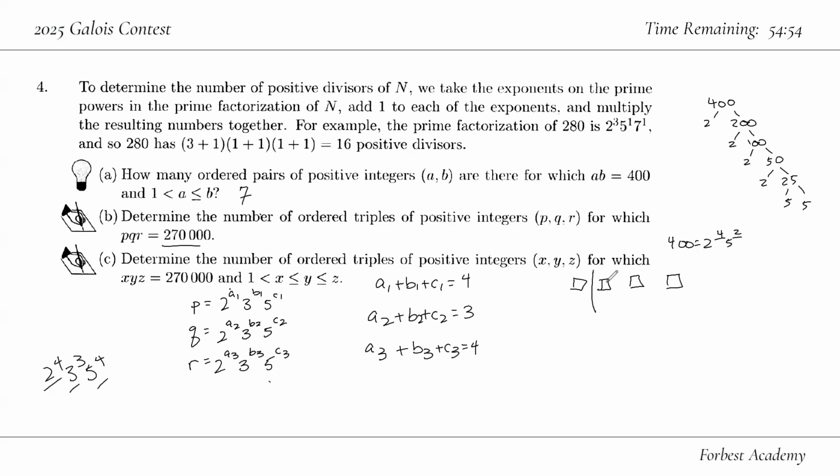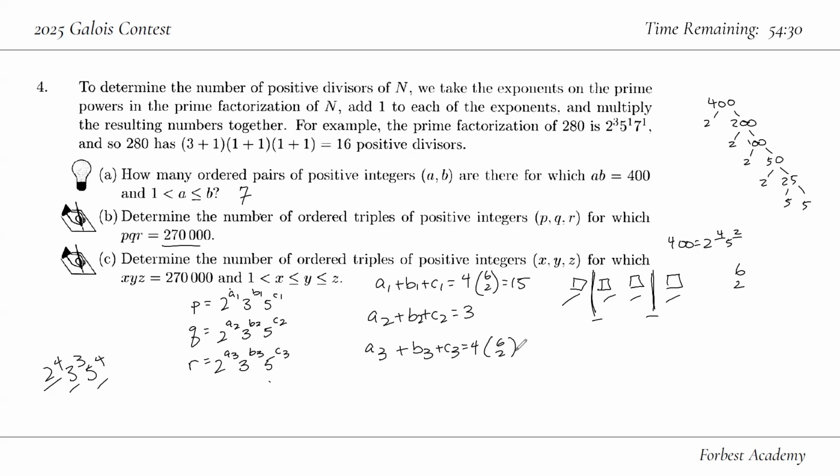So effectively, we have 6 entities, 4 squares and 2 dividers. The squares are repeats, the dividers are repeats. So how many ways can we order this? 6 choose 2. So this has 6 choose 2 solutions, which is 15.